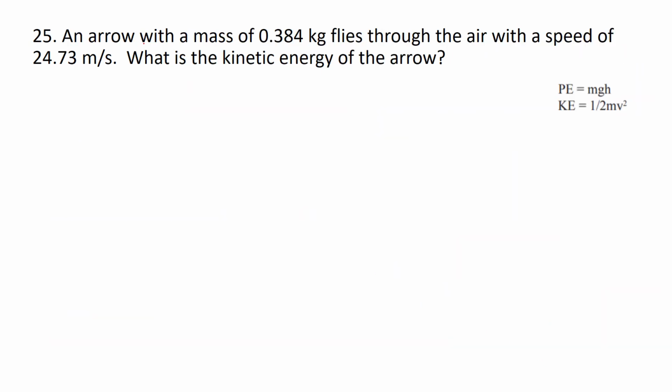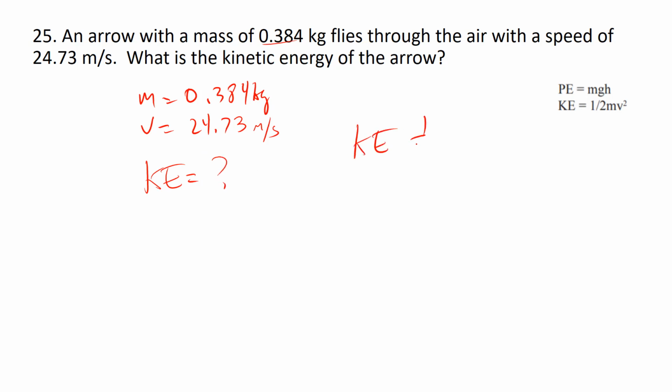Okay, and then lastly, an arrow has a mass of 0.384 kilograms and flies through the air with a speed of 24.73 meters per second. What's the kinetic energy? Straightforward: KE equals 1/2 mv squared.